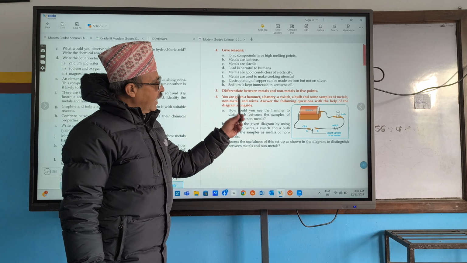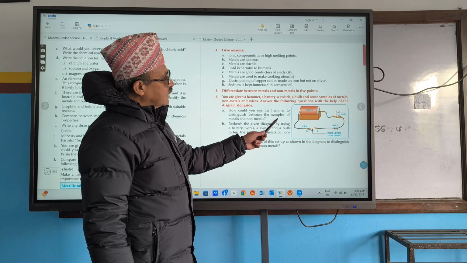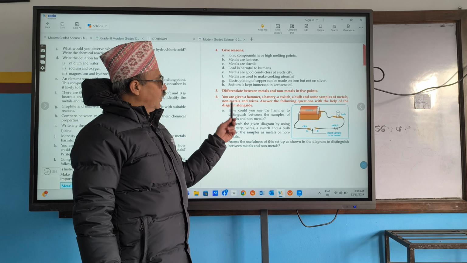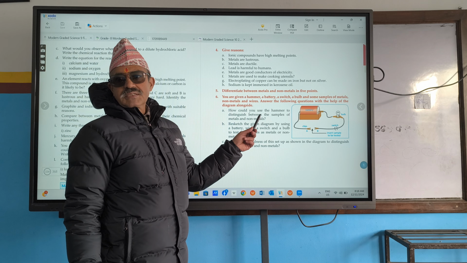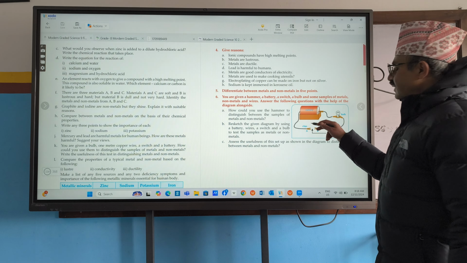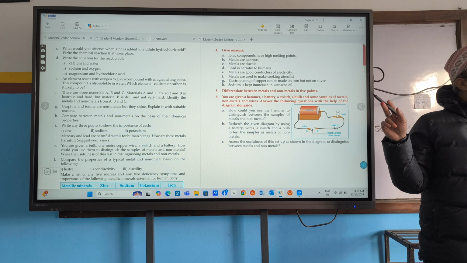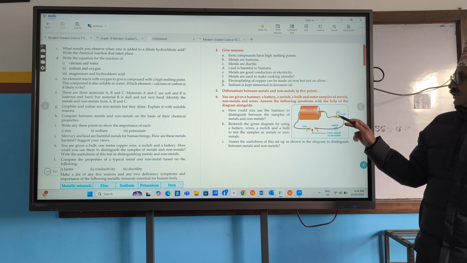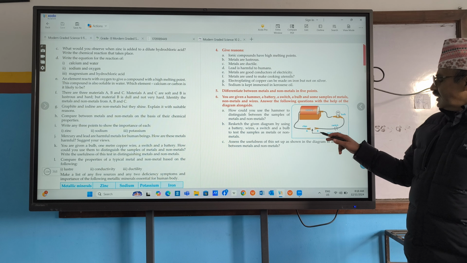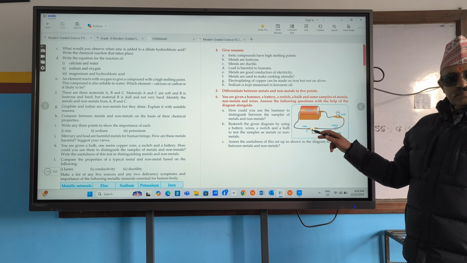Read the question. You are given a hammer, a battery, a switch, a bulb, and some samples of metals, non-metals, and wires. So many things are given, right? For that we have to make an electric circuit with battery, bulb, and insert the sample here.